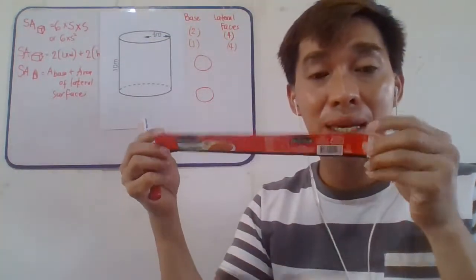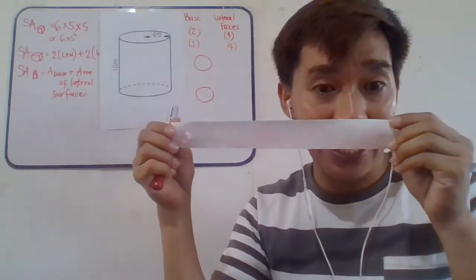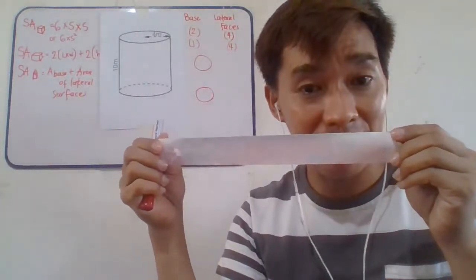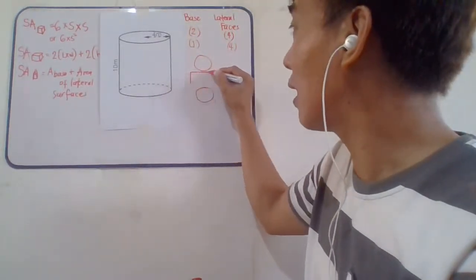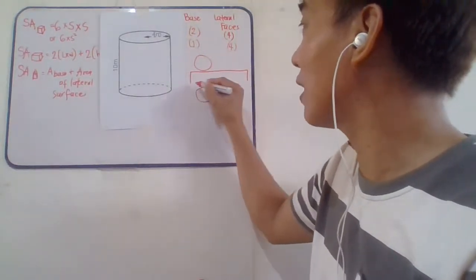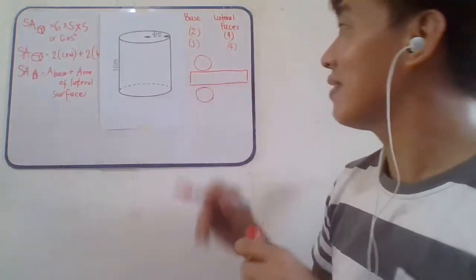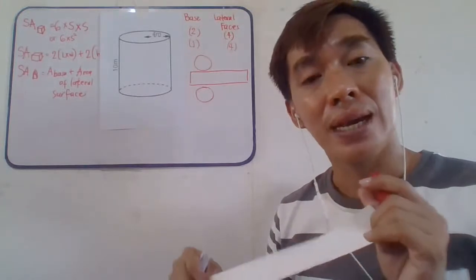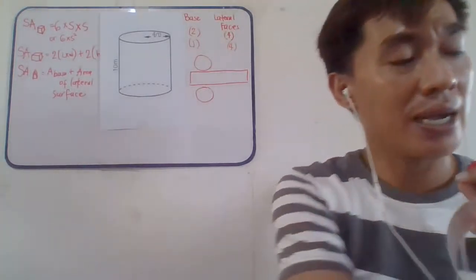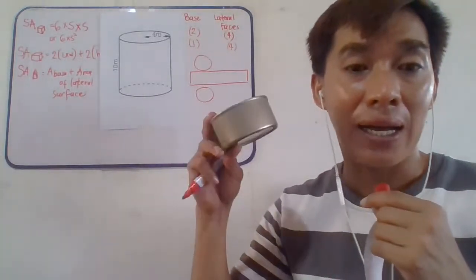And the lateral face of that figure would look like a rectangle. Okay, so the figure would look like that one. That's the net of what we call the cylinder.